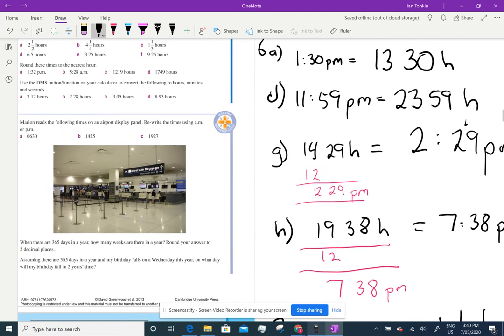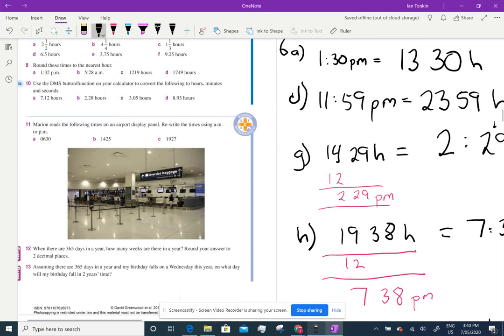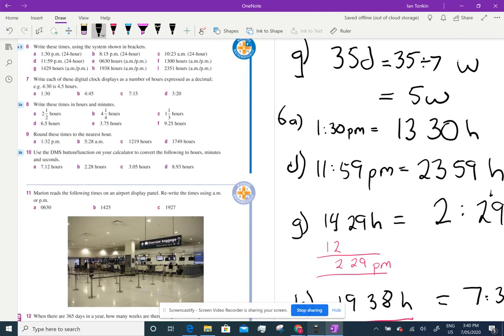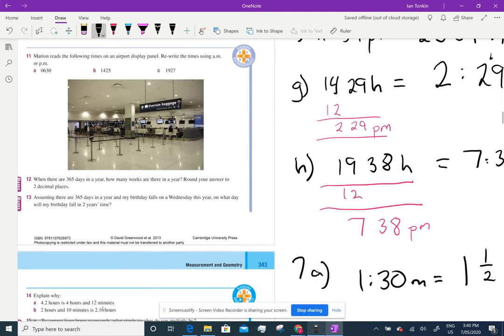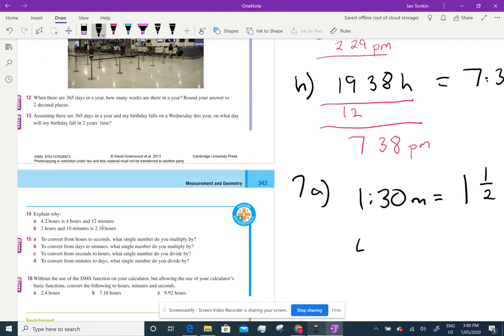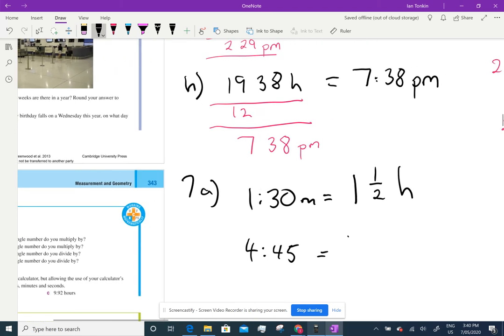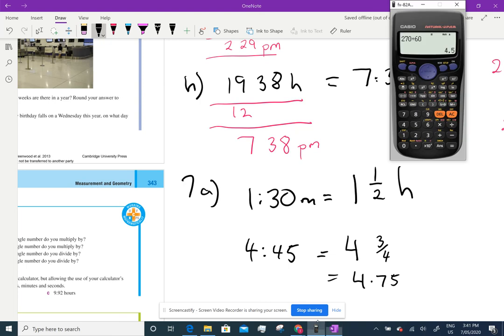You have a go at the next one, which is, let me see, 4:45. Well, 4:45, you can pause the video and have a go. 4:45 equals 4 hours and 3/4 of an hour, which is 4.75. How do I know that?